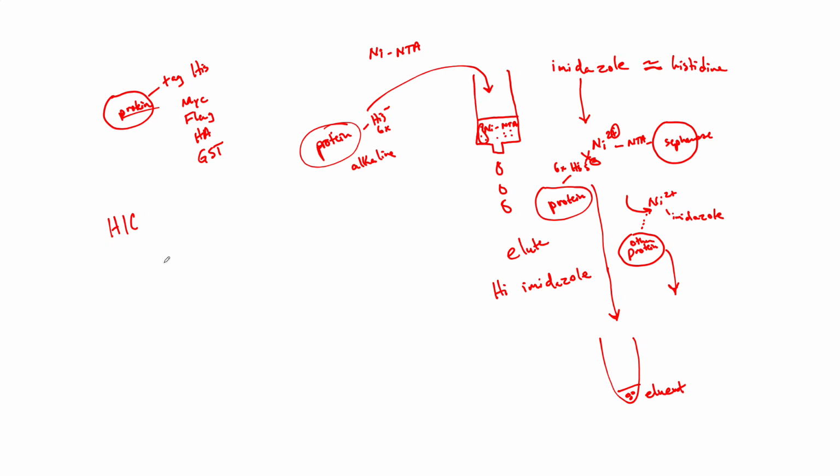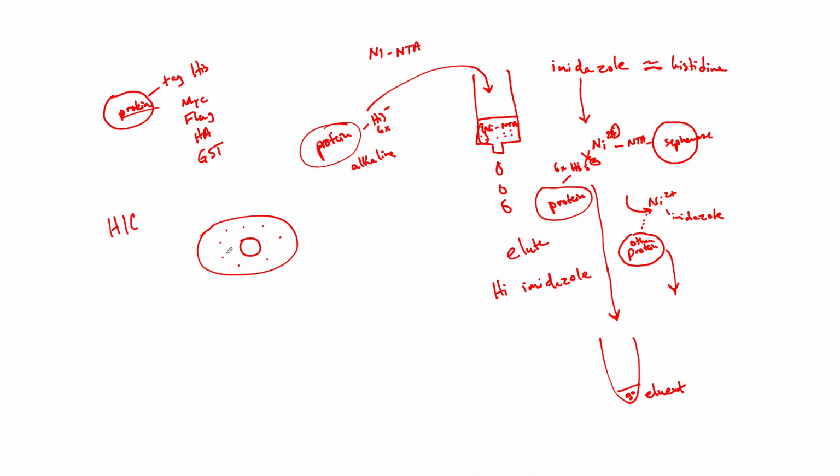And so how it works is, if you think about your cell, the cell has lots of different proteins in there, and these proteins vary in their hydrophobicity. Some are a little more hydrophobic than others. And what an HIC column does is take advantage of that difference in order to separate proteins from each other.